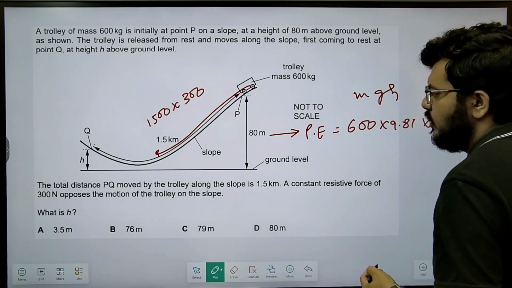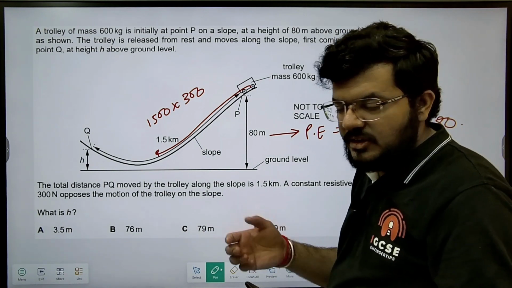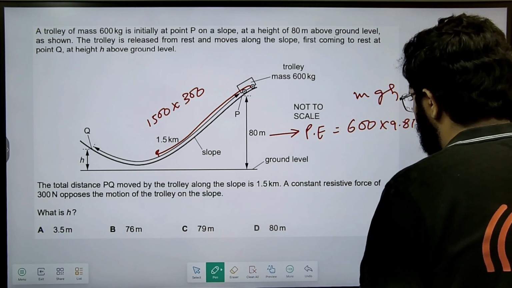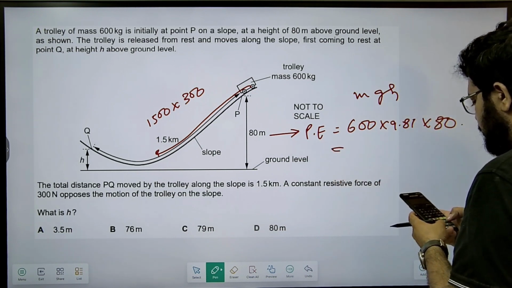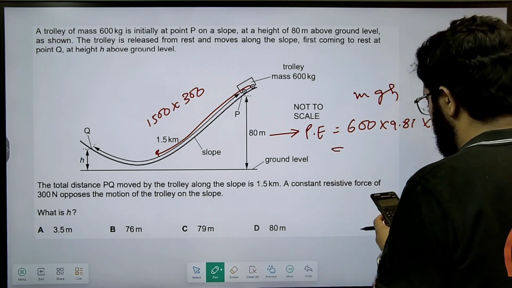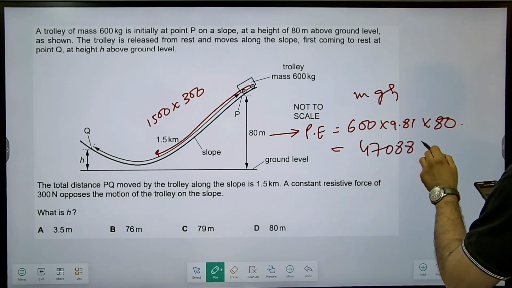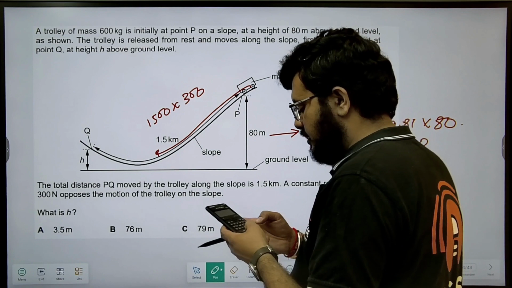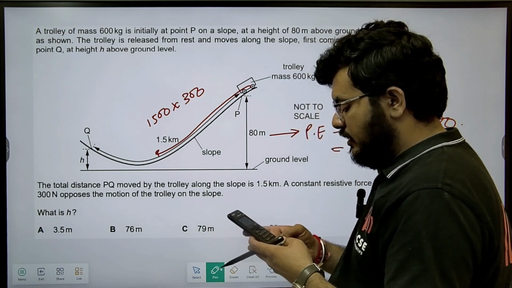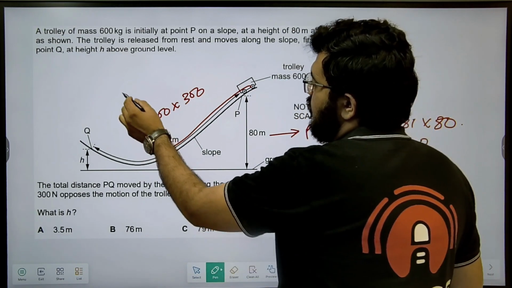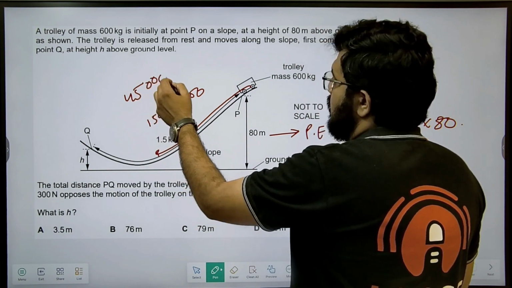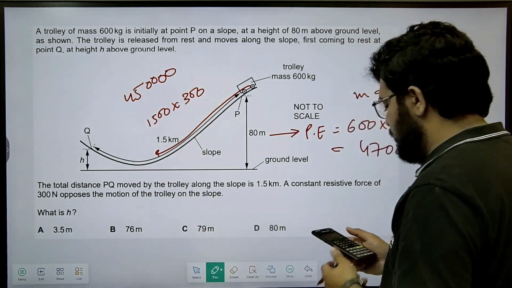So let's find out the difference between these two, that is the energy remaining with this trolley. So 600 into 9.81 into 80 will give me 470880, and 1500 into 300 will give me 450000. What is the difference?